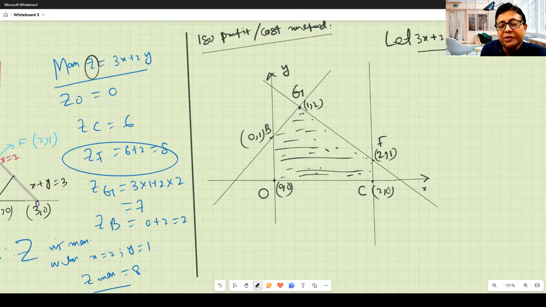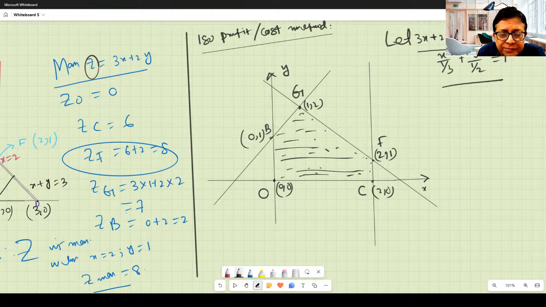Next part, what we have to do there, you plot the graph 3x plus 2y equal to 1. By intercept form, it will be x by 1/3. No need to be accurate, just to understand the method. So what we'll do there? I am taking this line here. This is say 1/3 and this is half.